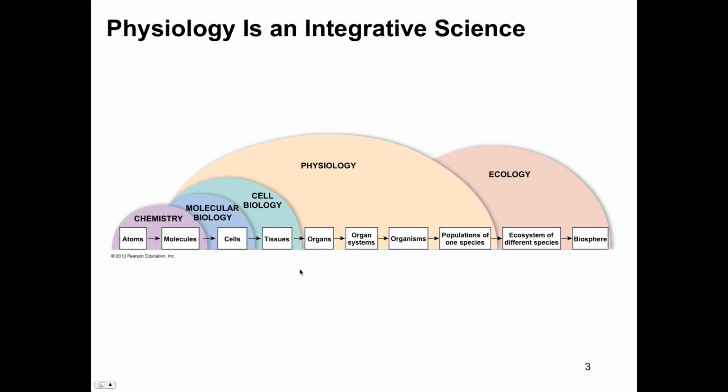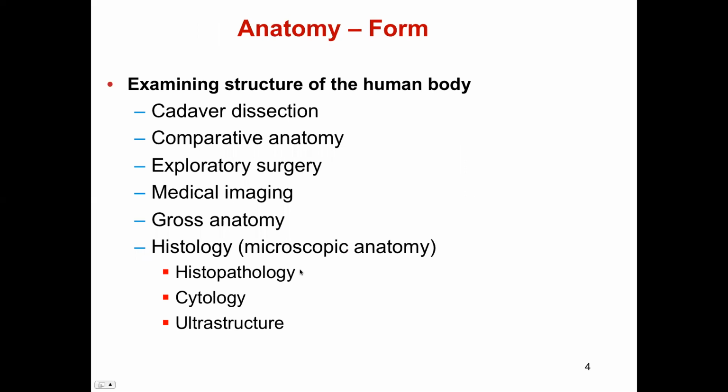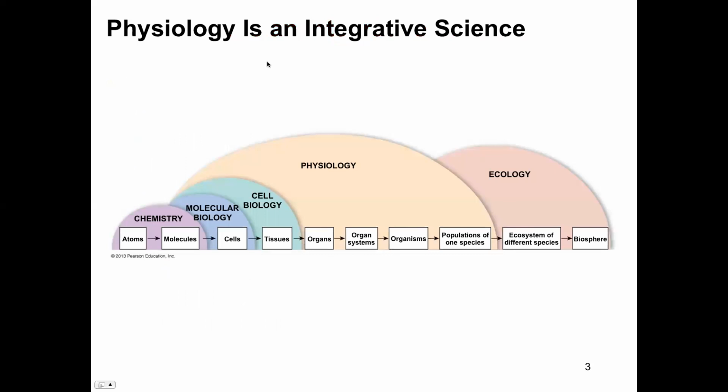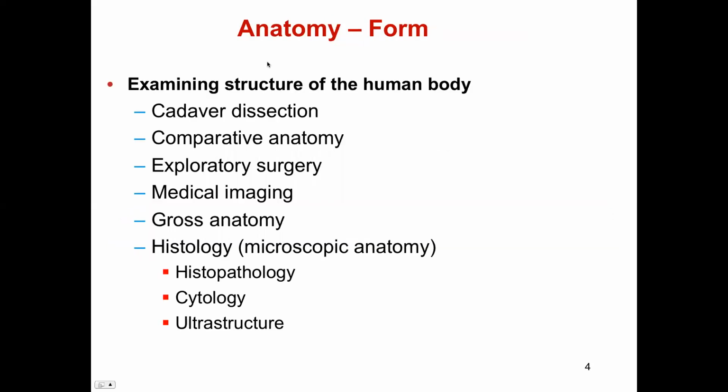So this is what we're going to be doing. In terms of studying anatomy and physiology, you're supposed to understand the difference between physiology and anatomy. So anatomy is the form. How do we study form? Well, dissection, comparative anatomy, which I love.